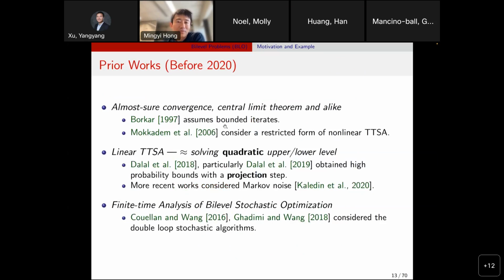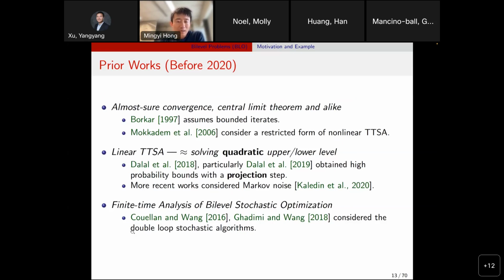There are almost sure convergence results, the one that we talk about. These types of works are more asymptotic. They talk about the central limit theorem, and what will happen when t goes to infinity. And then there are works on linear TTSA. This means that your functions f and g are both quadratic, so your system is linear.